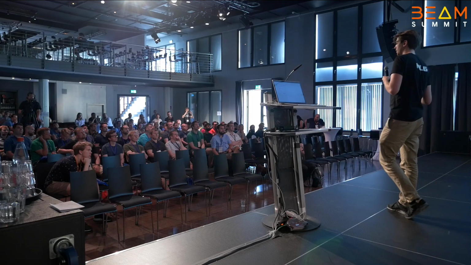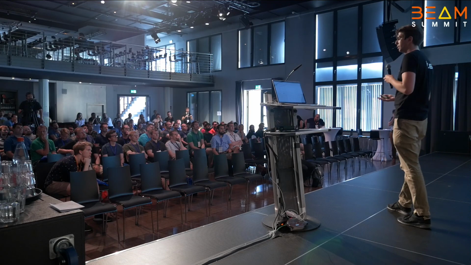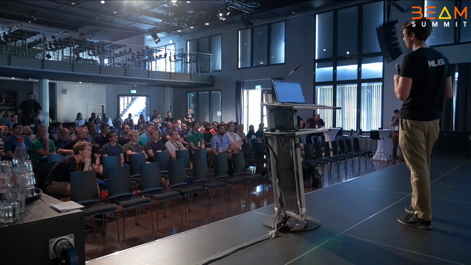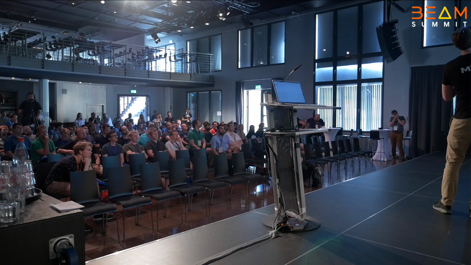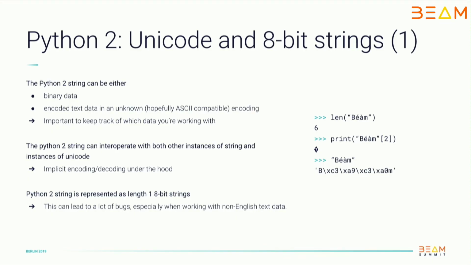Also, if you print the third character, it prints an unknown icon instead of the accented A we would expect. This can be explained if we look at the representation of the string, which contains 6 bytes, so that's the length we get returned. If you try to print the third element, it's actually trying to print the third byte, which is part of a 2-byte character and cannot be decoded on its own.